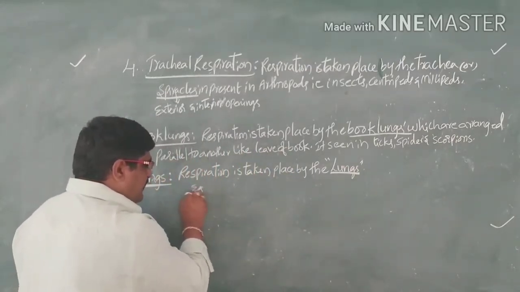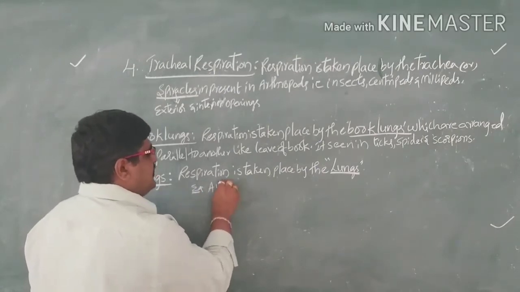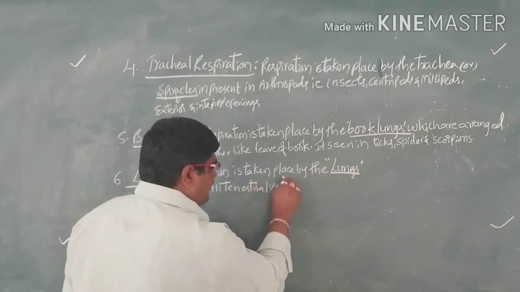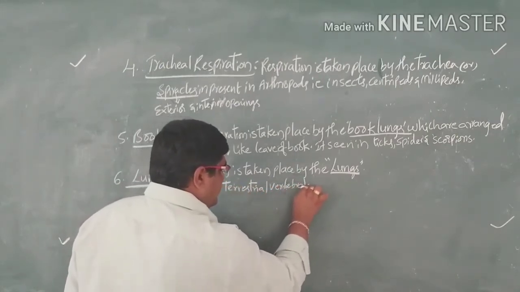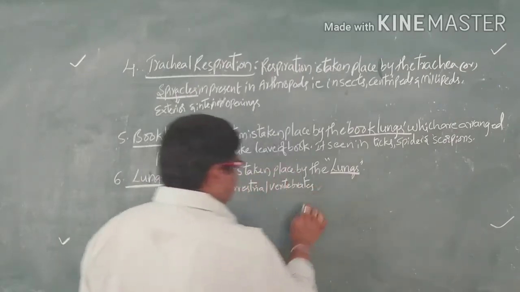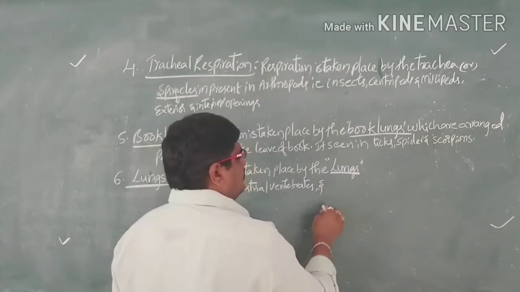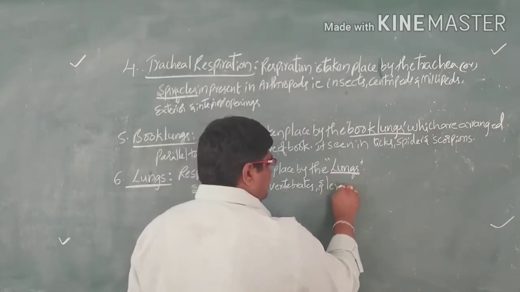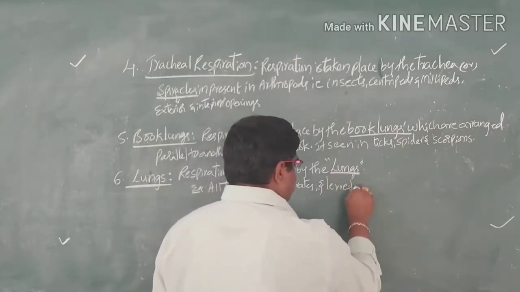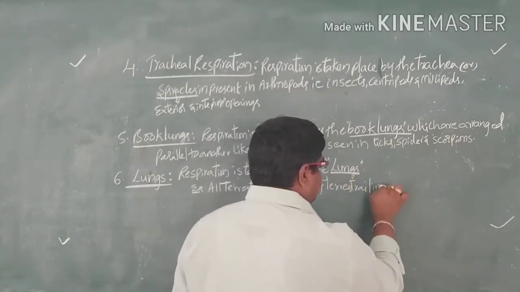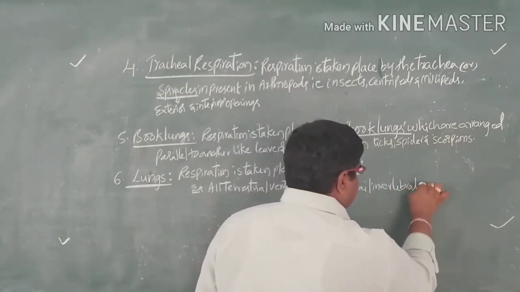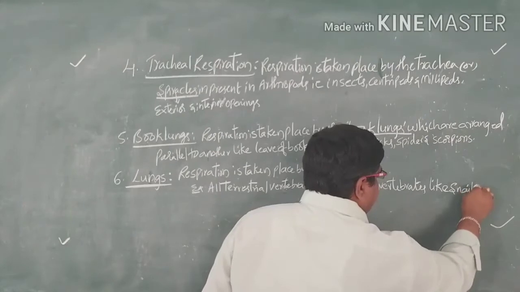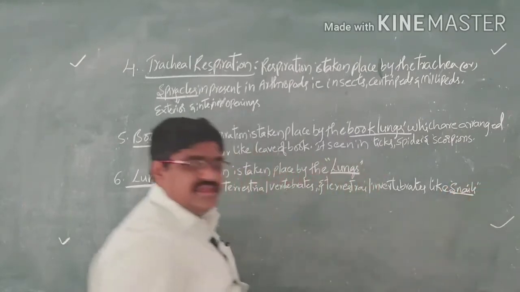For example, in all the terrestrial vertebrates, the lungs are the respiratory organs, and in terrestrial invertebrates, like a snail, we will have the respiratory organs or the lungs.